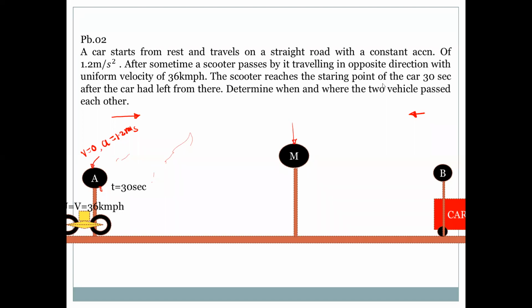The scooter reaches the starting point of the car 30 seconds after the car had left from there. Okay. So from this information, we can find out the initial position of the scooter with respect to the car. So this is the point A. And this is point B. Okay.